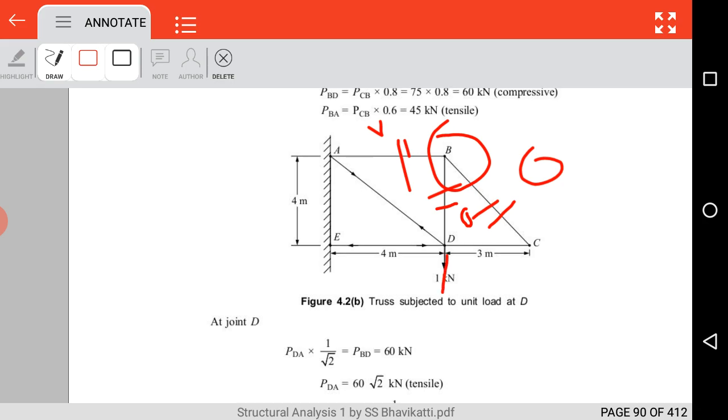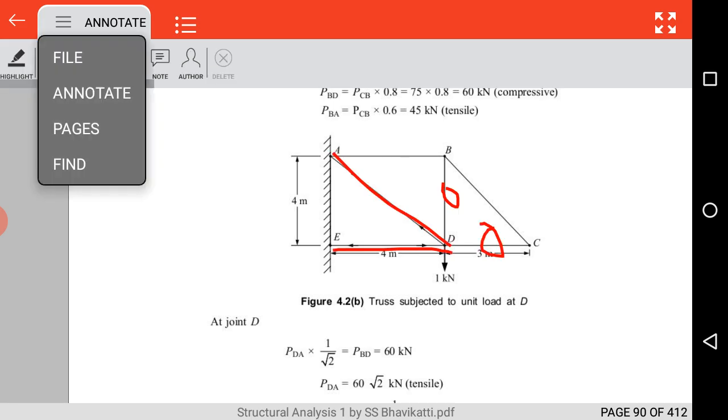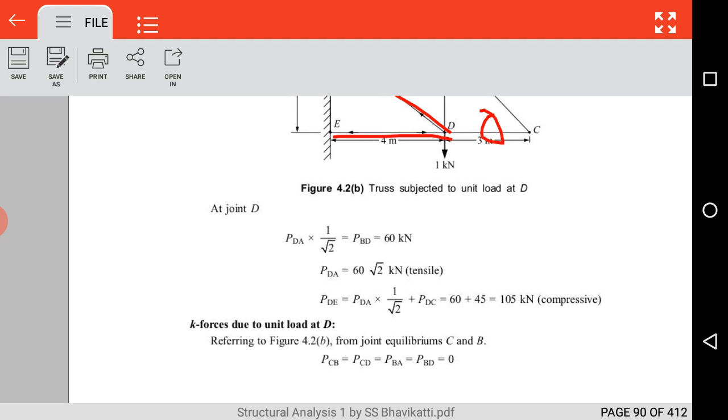At the joint D we have the 1 kilonewton force, and these two forces are 0, so we are required to calculate only these two members. By resolving the forces and writing our equations of equilibrium, we find that the forces are 16 root 2 kilonewton and 105 kilonewton.